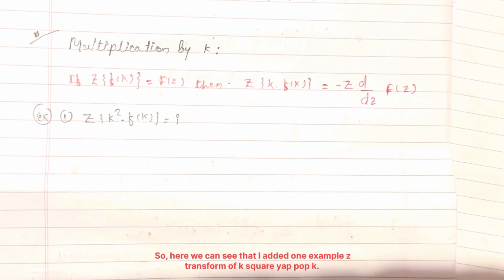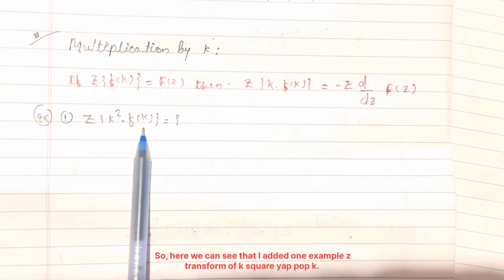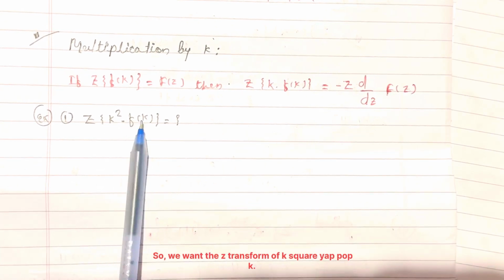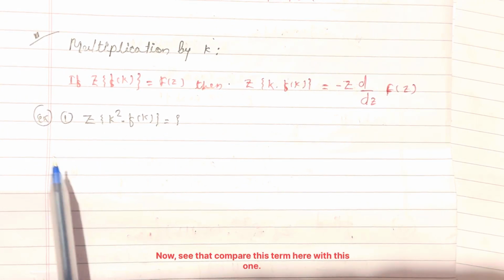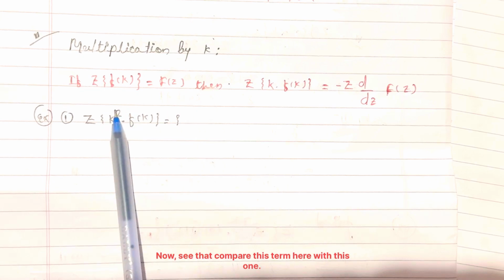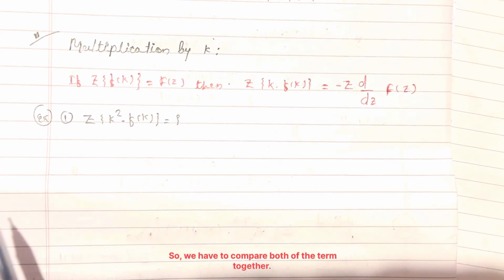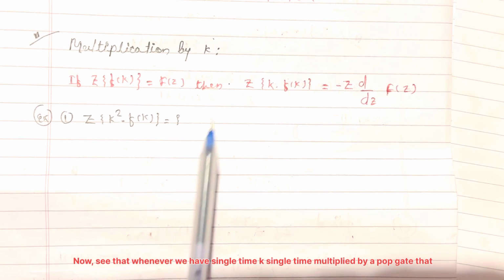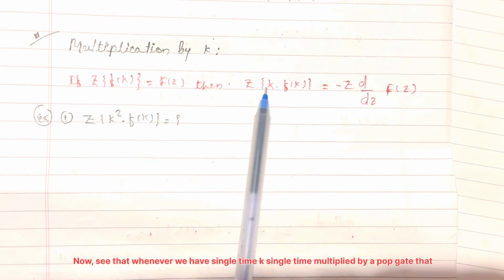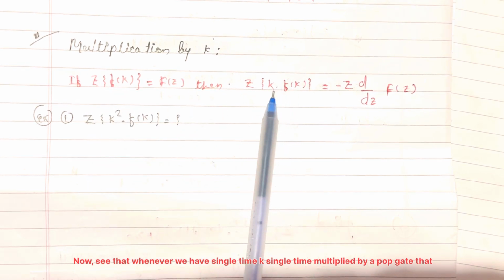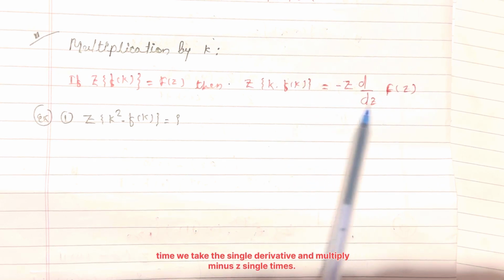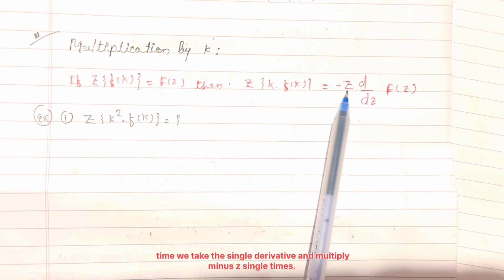Here I added one example: the Z transform of k square f of k. So we want the Z transform of k square f of k. Now compare this term with the earlier one. Whenever we have k multiplied once with f of k, we take a single derivative and multiply by minus z once.